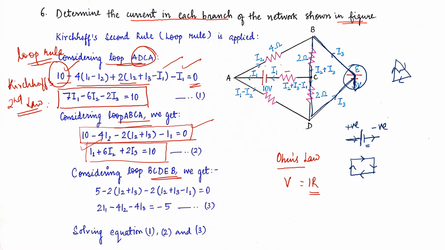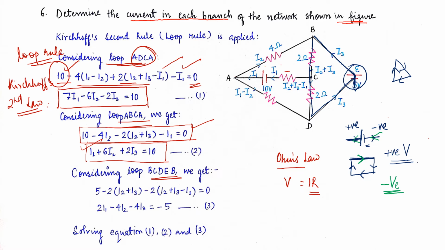But if the flow of current as well as the pre-decided direction of our loop are in the same direction, we will take the voltage drop positive. If the current is flowing in the opposite direction like this and the pre-decided direction is this, then we will take the negative voltage.